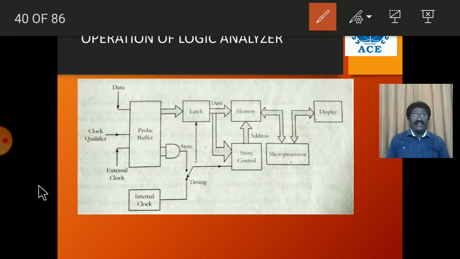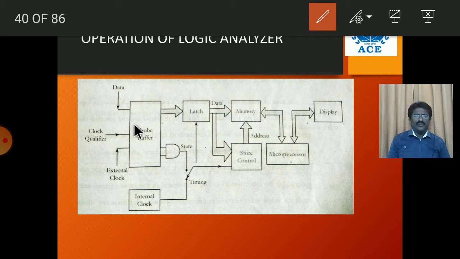So your external clock and internal clock signals are used to clock the latch. An external clock pulse applied to the probe buffer is used for synchronous operation.